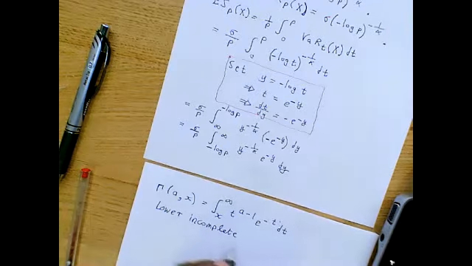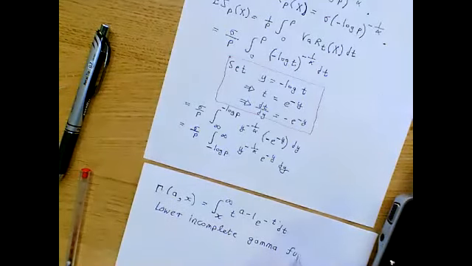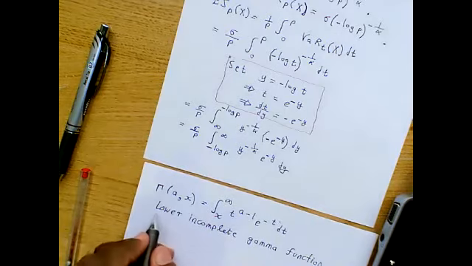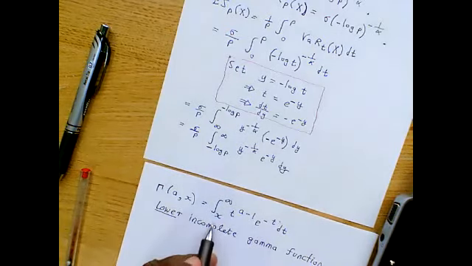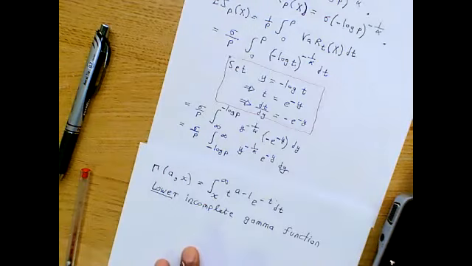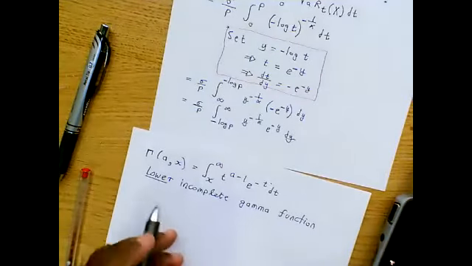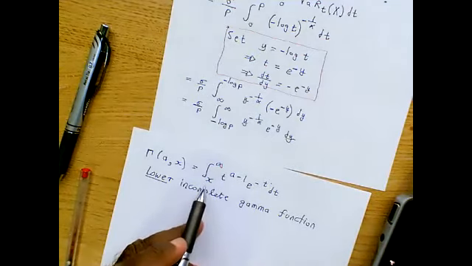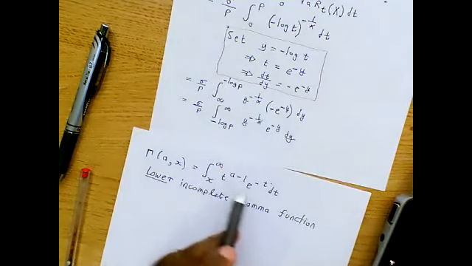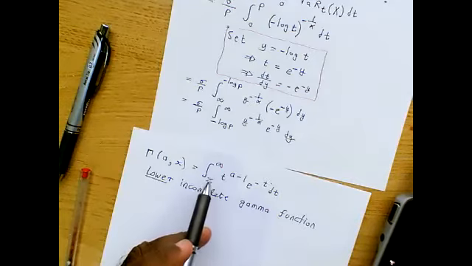And this is known as the lower incomplete gamma function. The word lower is because it corresponds to the lower limit. So lower means it refers to the lower limit. It's the version of the gamma function where the only difference is that the lower limit is not 0.